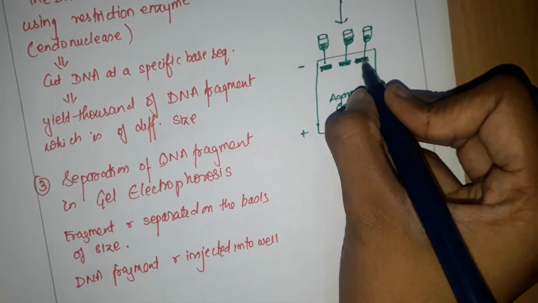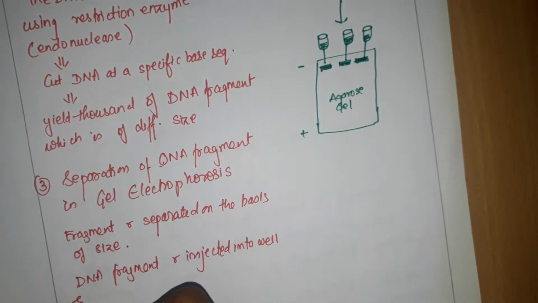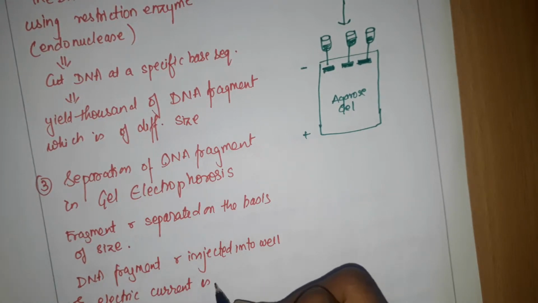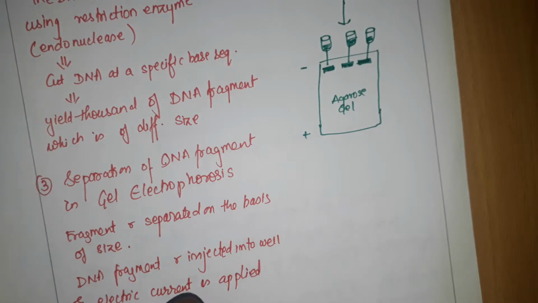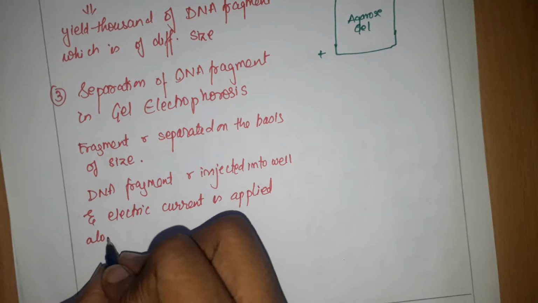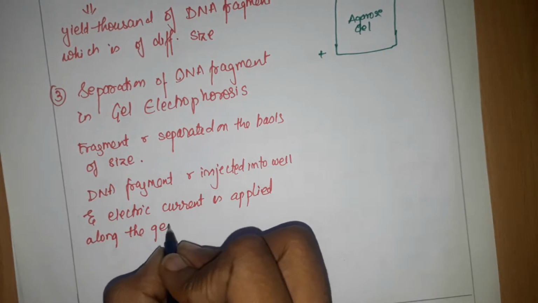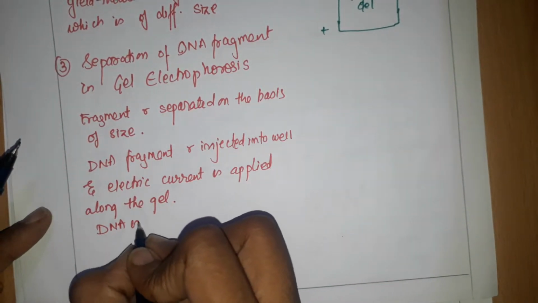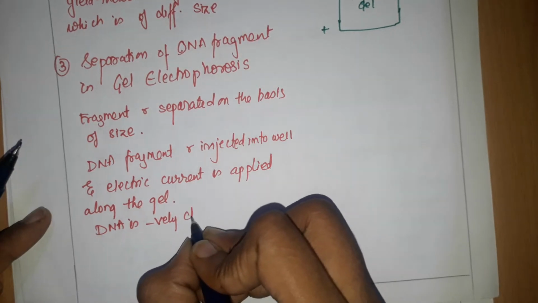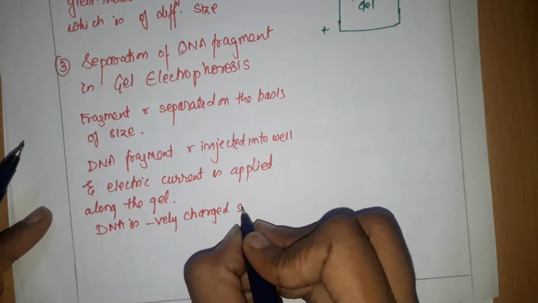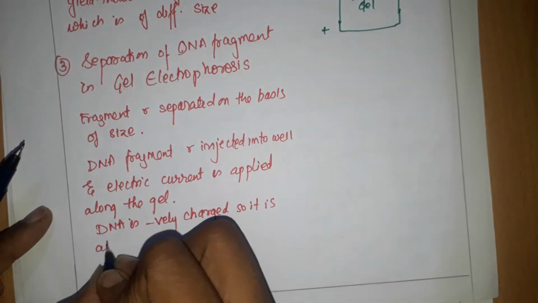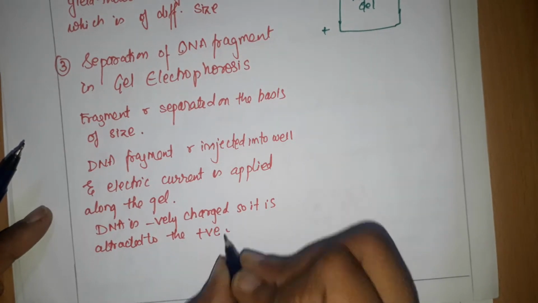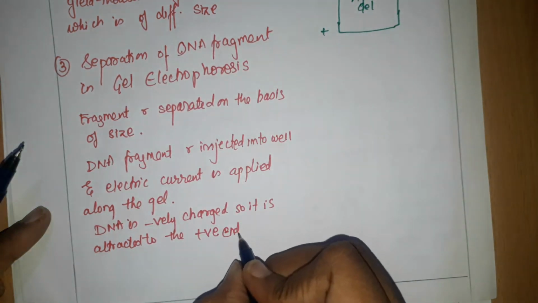In this we have to inject our DNA fragments and then electric current is applied along the gel. We know that DNA is negatively charged, so it is attracted to the positive end of the gel.